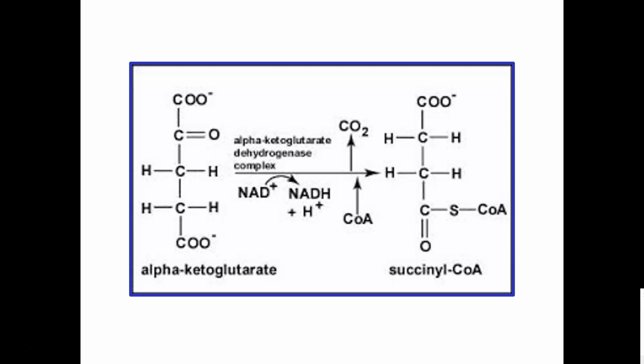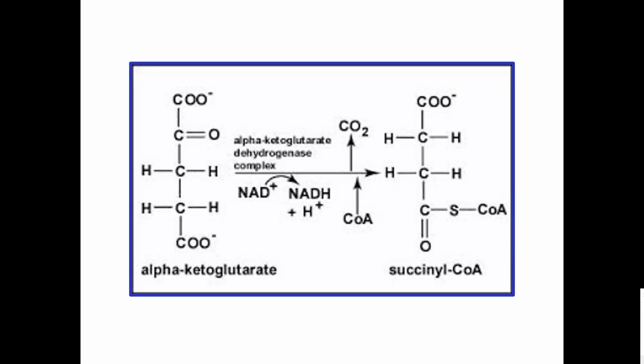Yet another oxidative decarboxylation. Alpha-ketoglutarate is now oxidatively decarboxylated to succinyl-CoA. This is catalyzed by the alpha-ketoglutarate dehydrogenase complex, which works almost identically to the PDC. We're going to talk about this in much more depth in our challenge questions this week. So this is another oxidative decarboxylation.